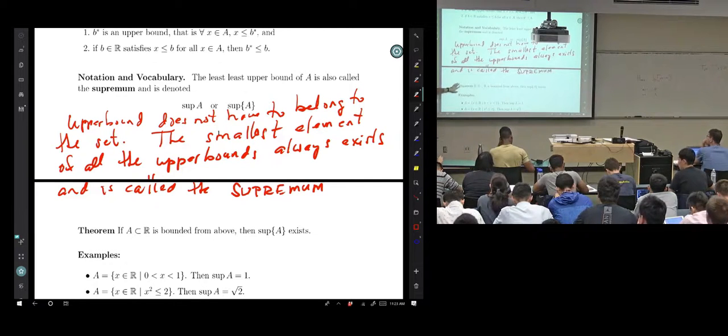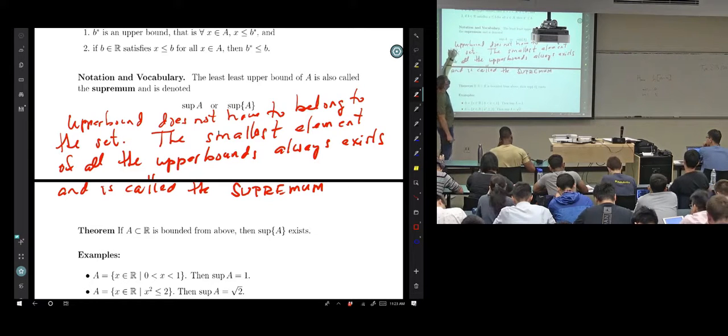So when you go through this handout, this is the key thing. The max must belong to the set. The upper bound does not have to.